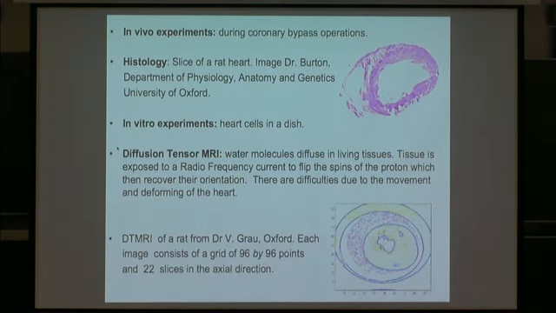You can do in vivo experiments after surgery. We can get histologies. You can grow a heart in a dish. You can use diffusion tensor MRI, where you magnetize water molecules and you flip the orientation, and so you can track how the water molecules preferentially follow structures in tissue. So you have all these different data sources, and you want to calibrate your models against those data.